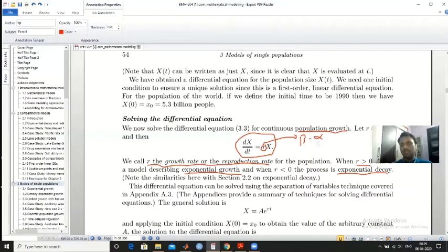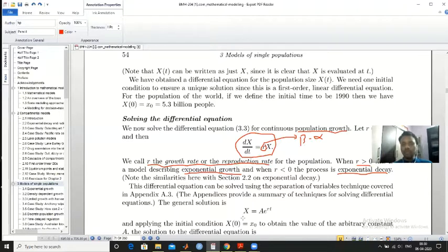Then R is minus alpha, which is negative, so it will represent the decay. And if there is no death, meaning alpha is 0, then beta is positive, because alpha and beta both are taken as positive, so it will represent the exponential growth.